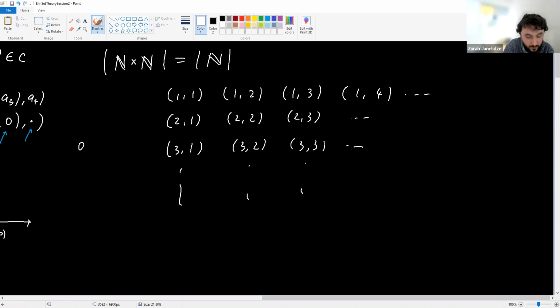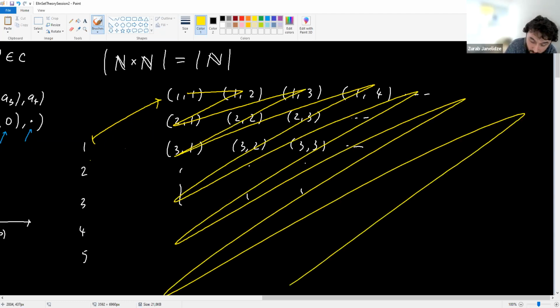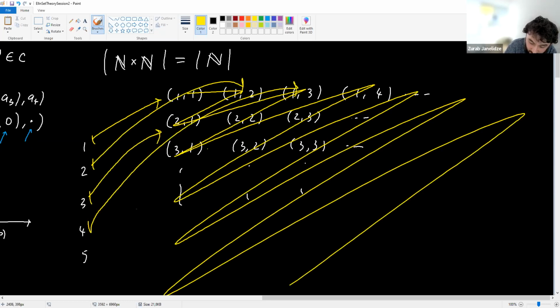Okay, I forgot about the (0, 0), but let's now start with 1. For the time's sake, I don't want to make corrections. You establish a one-to-one correspondence by mapping the consecutive numbers along the zigzag. So 1 maps there, 2 maps here, 3 maps here, 4 maps there, 5 maps there, and so on.